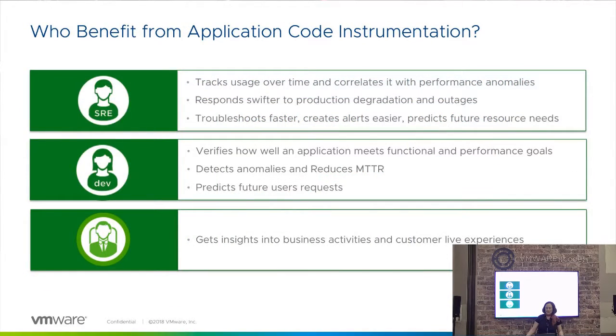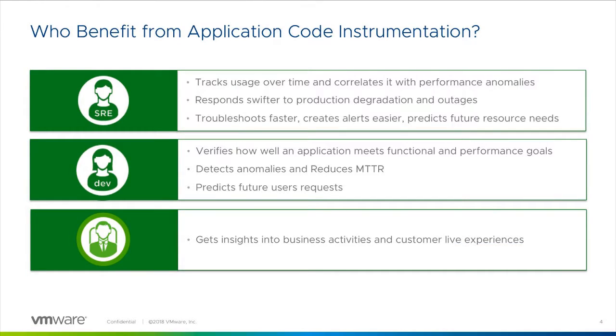So who can benefit from application code instrumentation? All people. Starting with developers: when they want to meet some specific functional goal, when they troubleshoot, they can spot anomalies, they can predict how the requests grow. On the other side, SREs also have to monitor your application to make sure that there is no degradation, no faults, so they can respond fast and remove the issue blocker.